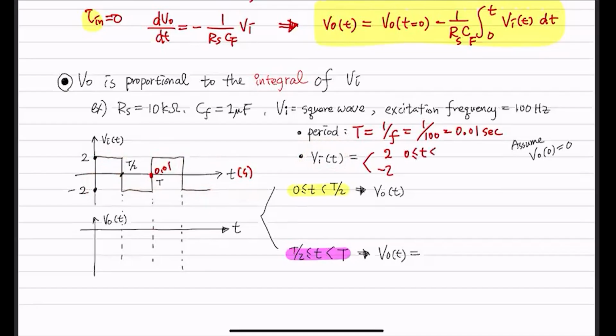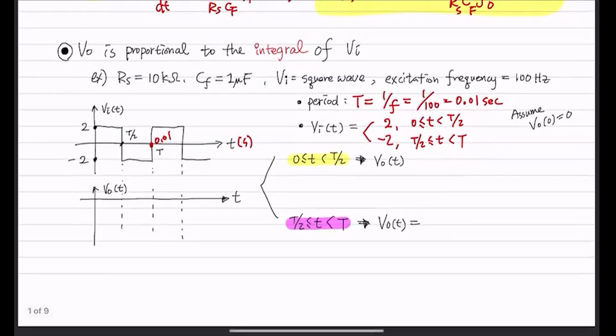When time is from 0 up to half of your period, it's going to be 2, and when your time is from there to the end of the period, it's going to be -2. So since now we have 2 different intervals and 2 different values, we need to do the math differently in each interval, right?